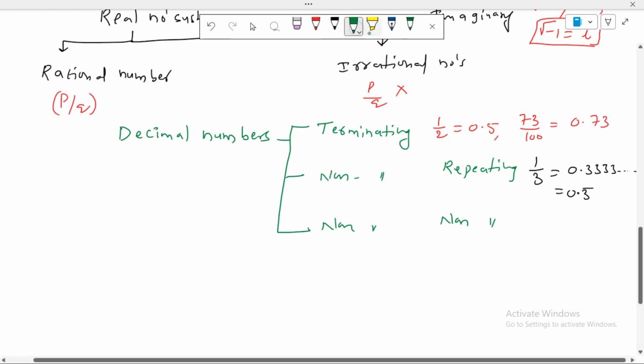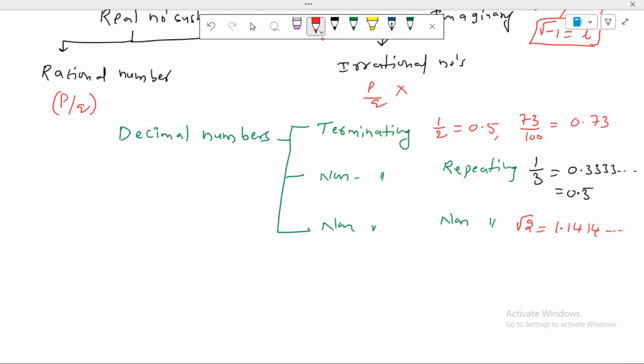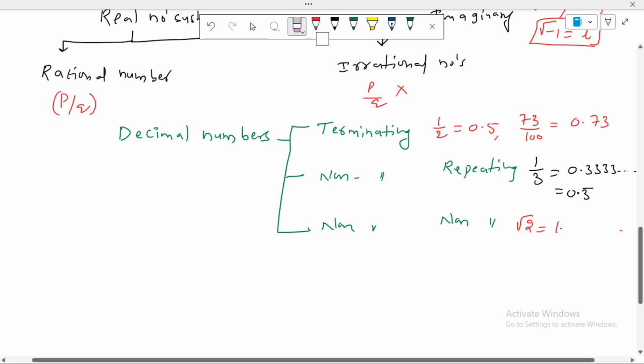Next one is a non-terminating non-repeating decimal. What does this mean? For example, take the value of root 2. Root 2 is equal to 1.414 and so on. It is not repeating, it is non-repeating.